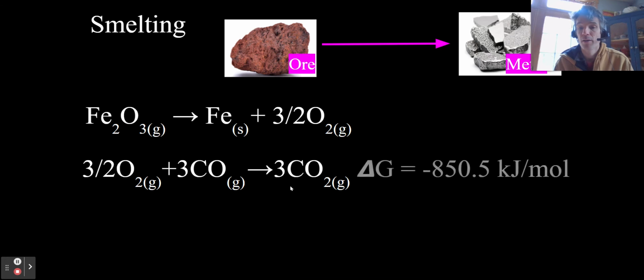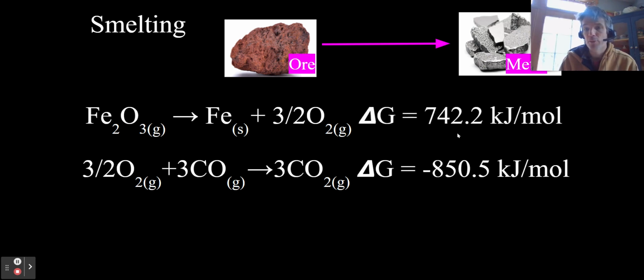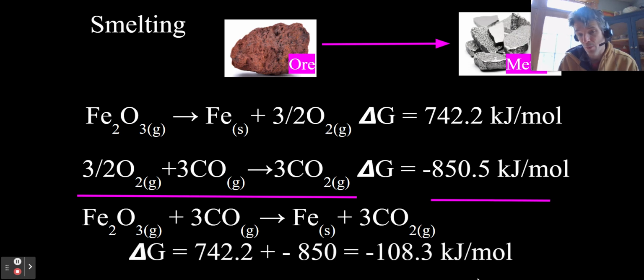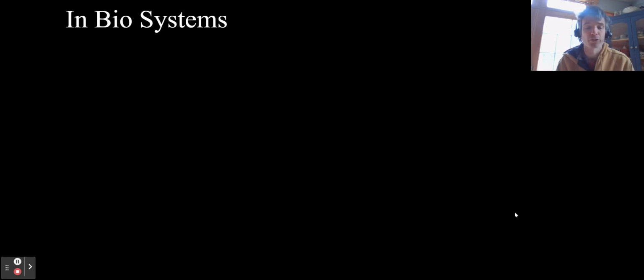Remember Hess's law: when I multiply the reaction by 3, I multiply the delta G by 3, the delta H, or the delta S. So I get this. And when I add these up, this is going to be a negative number. This is my overall reaction. I'm getting what I want. I'm getting my metal. And my delta G now, which is the sum of these, is also thermodynamically favorable. This is known as the process of coupling a reaction.